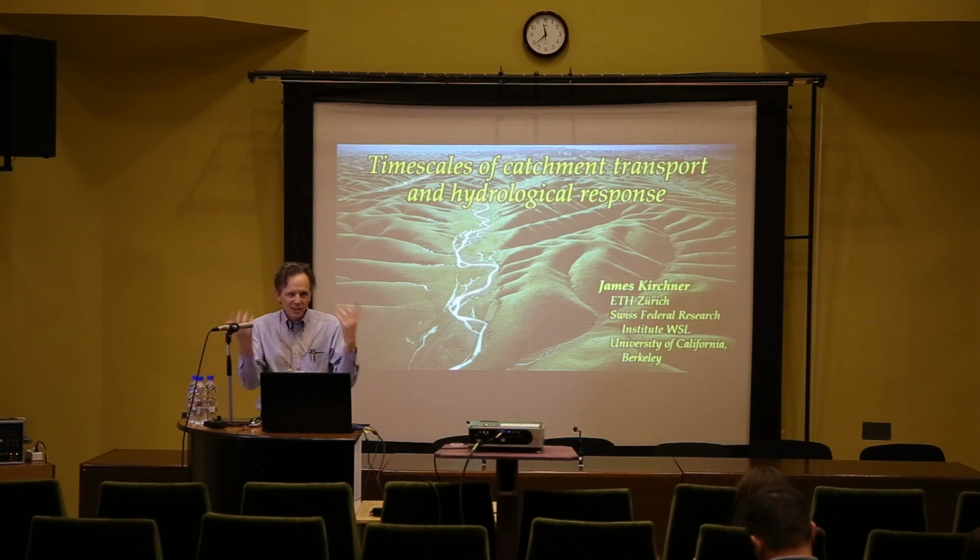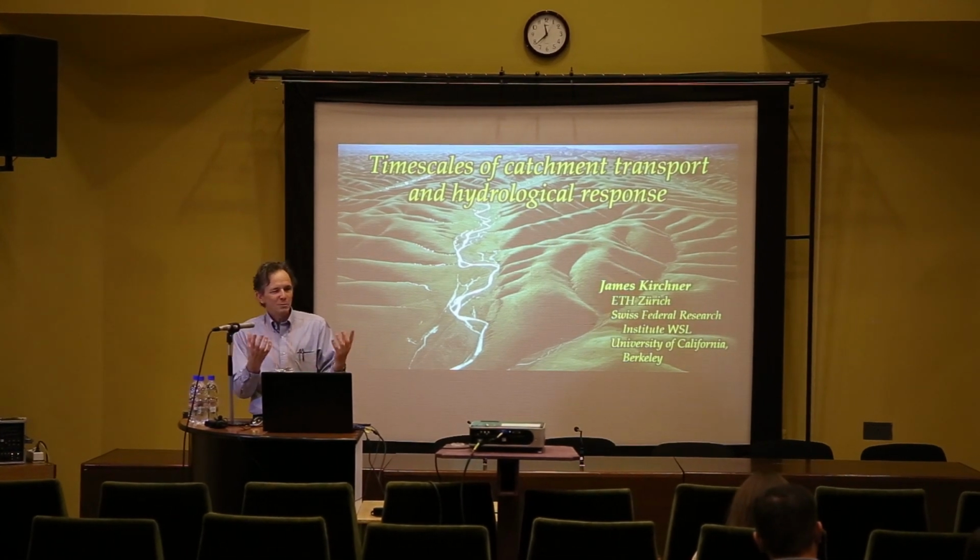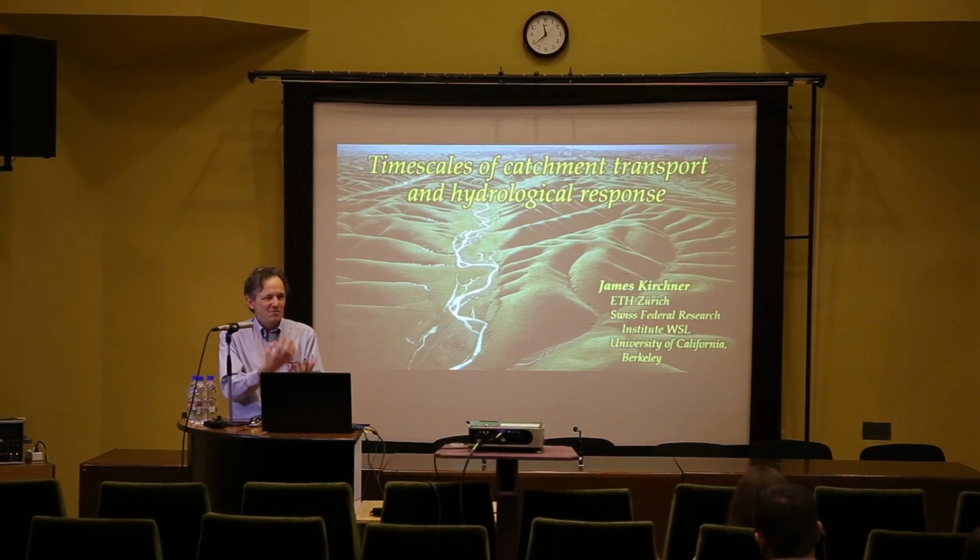And we can get very nice Nash-Sutcliffe efficiencies from all of them, which means you can't use that technique to decide which of these models is correct. They all win the beauty contest, right?